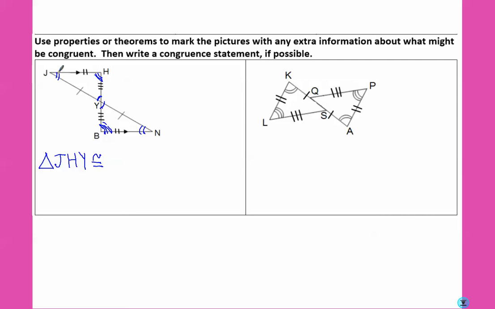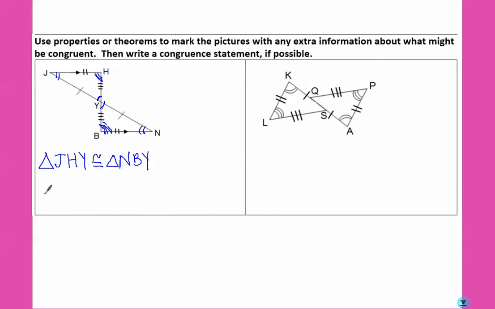Now, angle J had 2 marks, so I know the first letter for my second triangle has to be congruent to J, which was N. I used H second, which had 3 marks, which means angle B comes next. And then finally, Y. The order that you write these letters in doesn't matter as long as they match up from the first triangle to the second triangle.